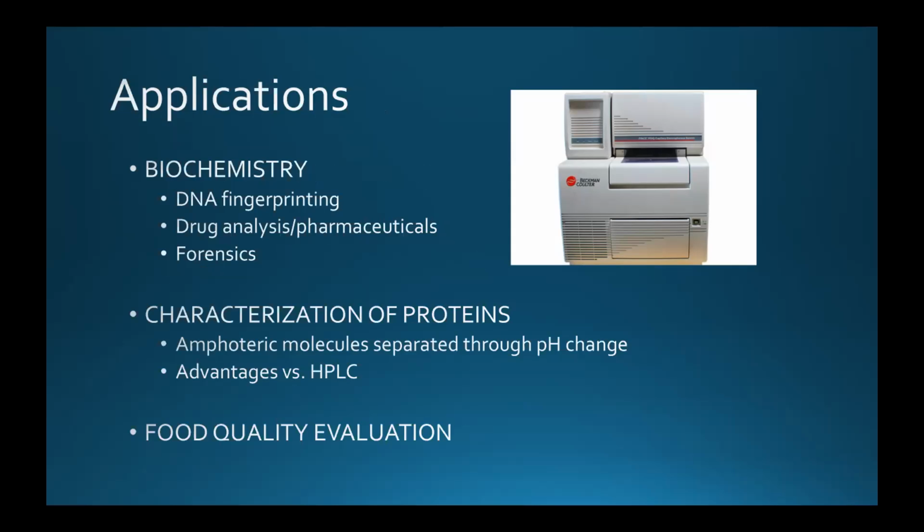For example, monoclonal immunoglobulins are present in very low amounts in people suffering from leukemia or lymphoma. And so this technique can determine the concentration of certain things in your blood and then help in diagnoses. Also, food evaluation is a huge one.